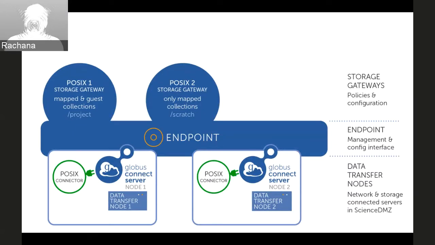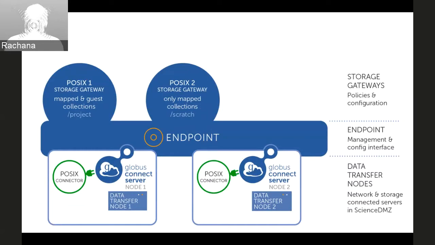So a logical part of the storage system with policies. In this example, you see for the same POSIX storage system, we have 2 storage gateways. One is rooted at /project, and it has some policies that govern how it can be used. Another one is rooted at /scratch, and it has some additional policies on how it can be used.